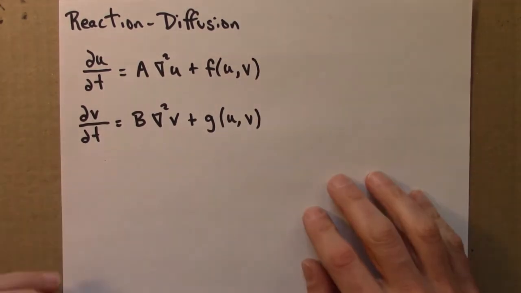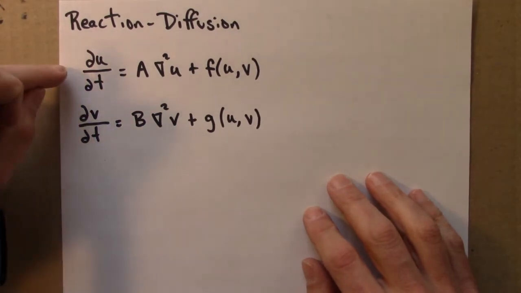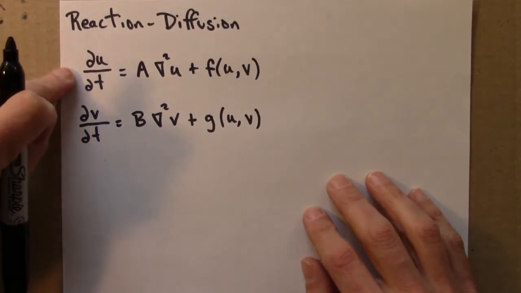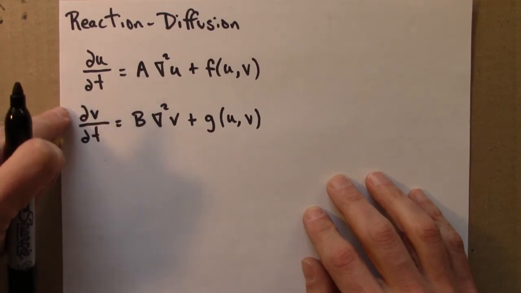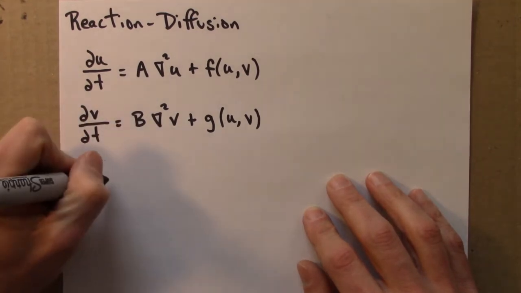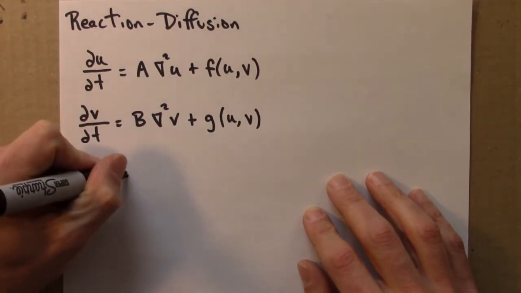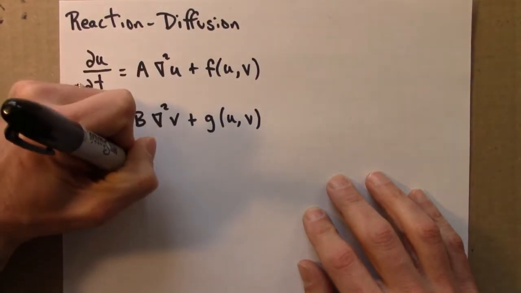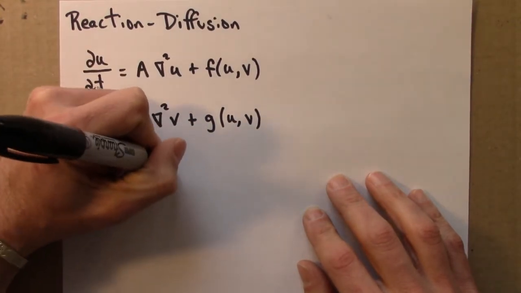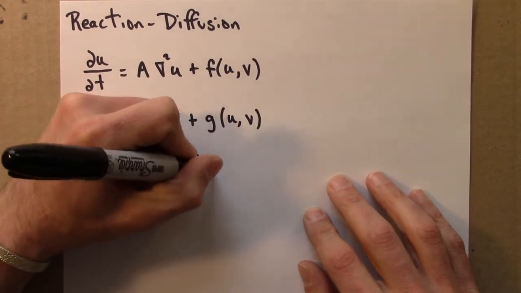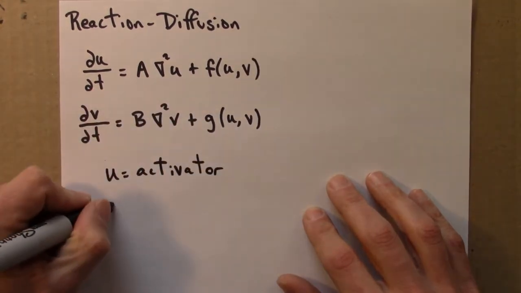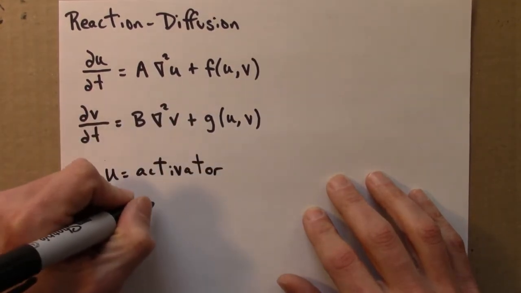Typically in this setup, one of the types of chemicals is called an activator and the other is an inhibitor. So let me write that. So in this picture, U will be the activator. And V is an inhibitor.